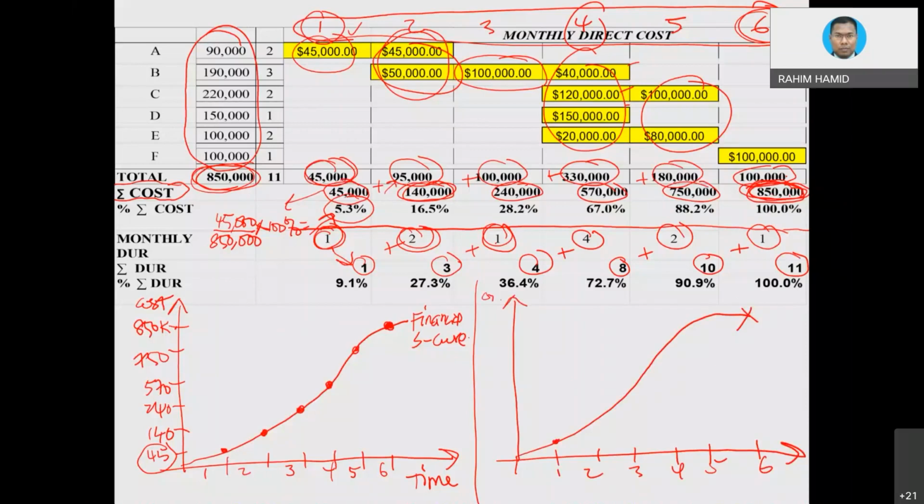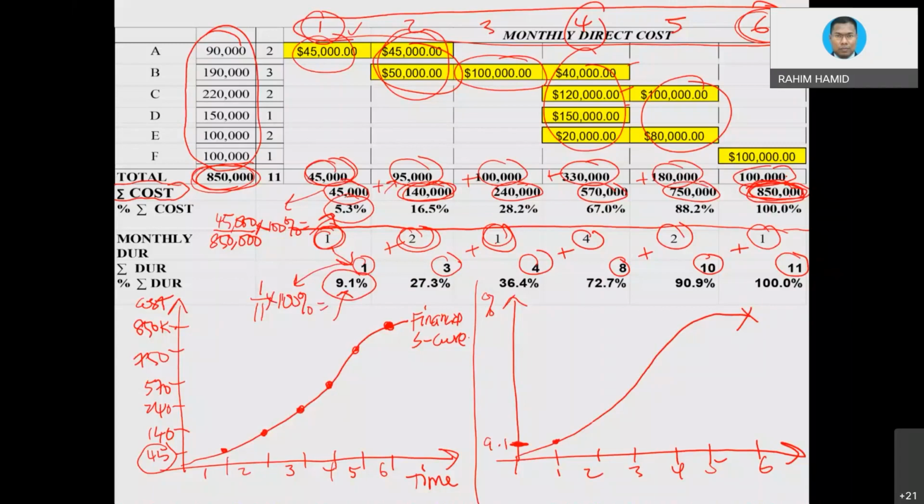Normally, physical progress we are going to show in terms of percentage. So what could be the percentage here? Percentage here is 1 divided by 11, where 11 is the overall activity duration that you need, times 100%, you are going to get this figure, 9.1.